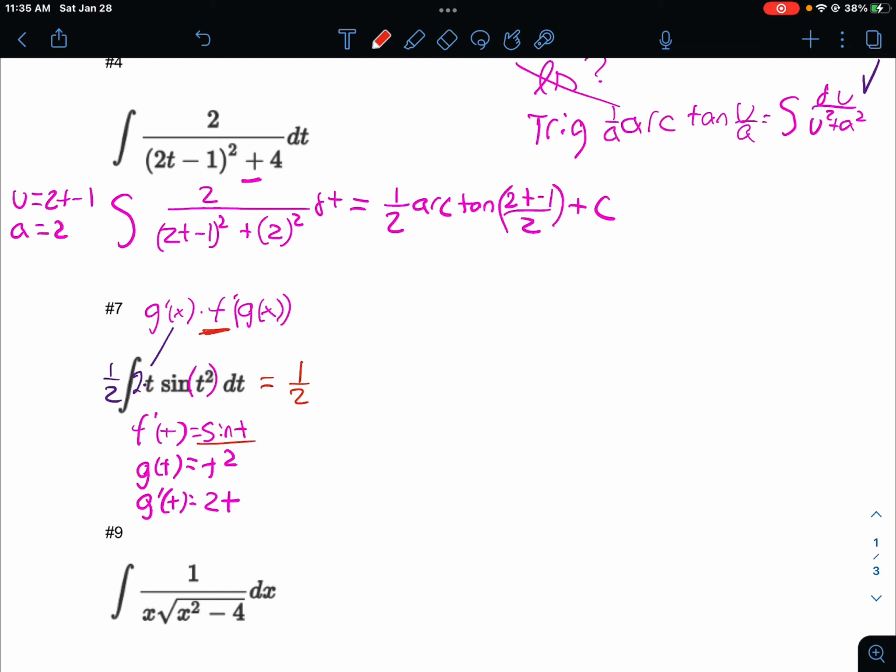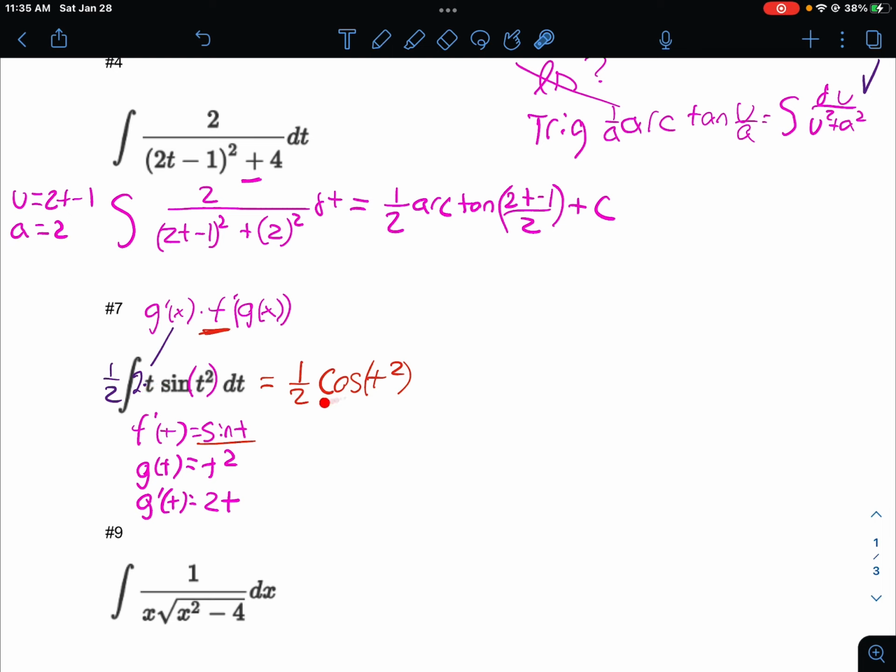Well, the integral of sine is going to be cosine, and we have to think about the sign. Is it going to be negative cosine or positive cosine? Well, if we go through and assume that it's just cosine of t squared, what we're going to do is go through and then think, if I take the derivative of this, is this going to give me positive 2t, or just t times sine of t squared?